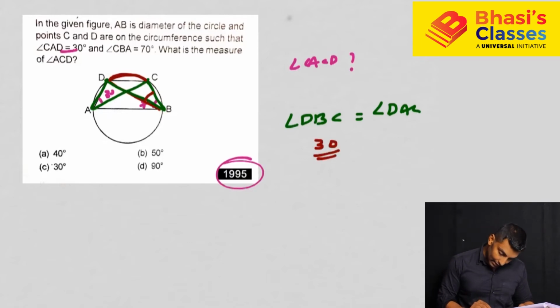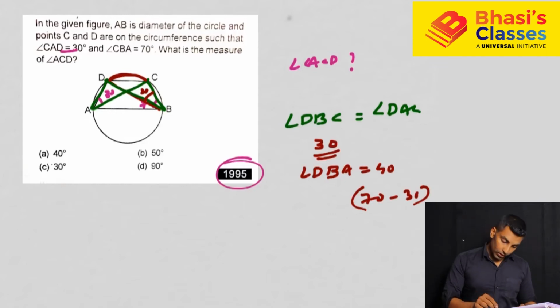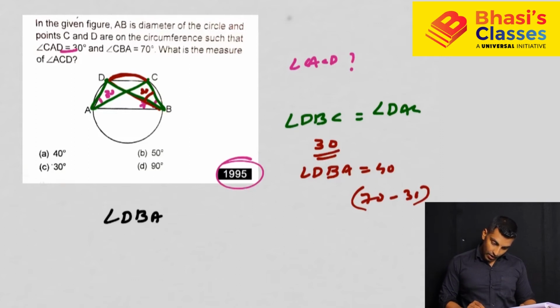So I got this angle as 30, and we know the total CBA as 70. So I get DBA as 40. So angle DBA is equal to 40, that is 70 minus 30. Now the other point that you can see here is angle DBA is equal to angle DCA.